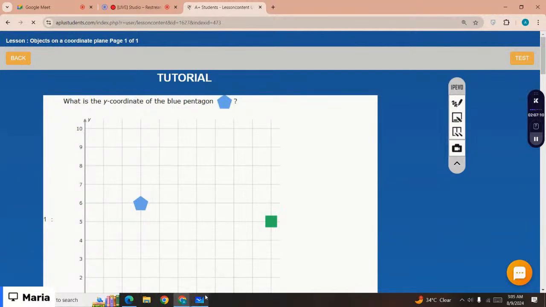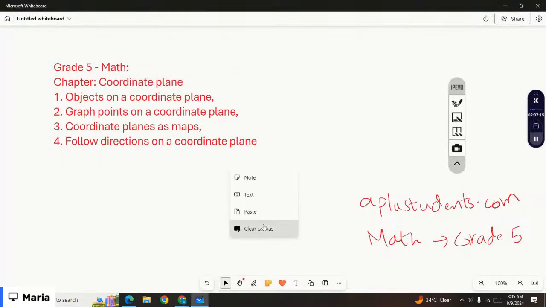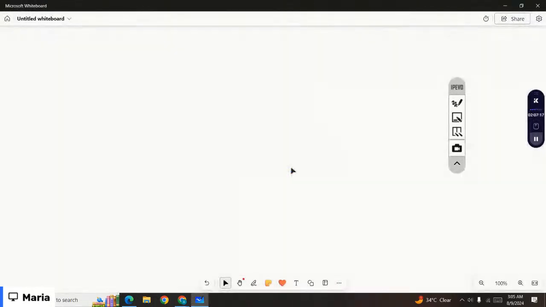One is the horizontal number line that is known as the x-axis, and the other one is the vertical number line. This is the horizontal x-axis, and this is the vertical line that is known as the y-axis.